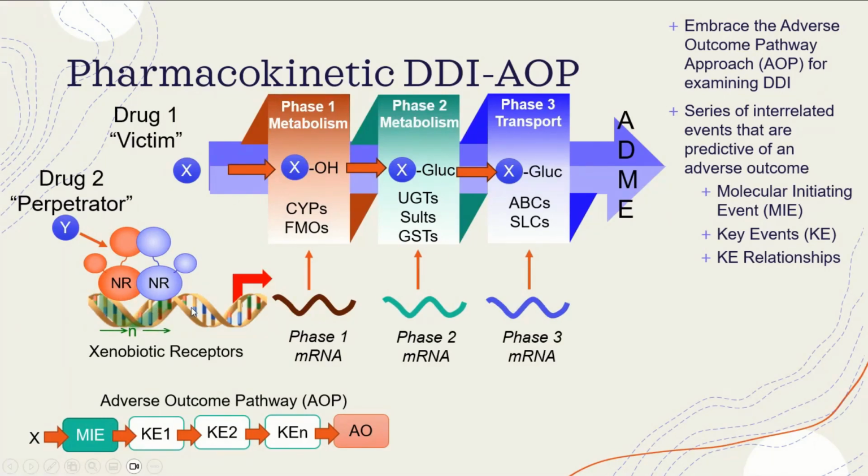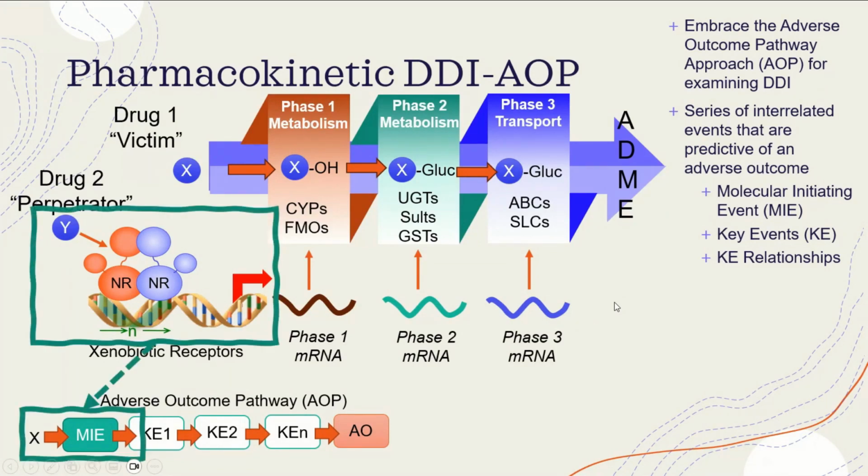We'll take a look at this particular pathway and specific examples, but let me just show you diagrammatically what we're talking about here. The molecular initiating event in this adverse outcome pathway is your perpetrator drug interacting with a xenobiotic receptor. That is the first event that occurs.